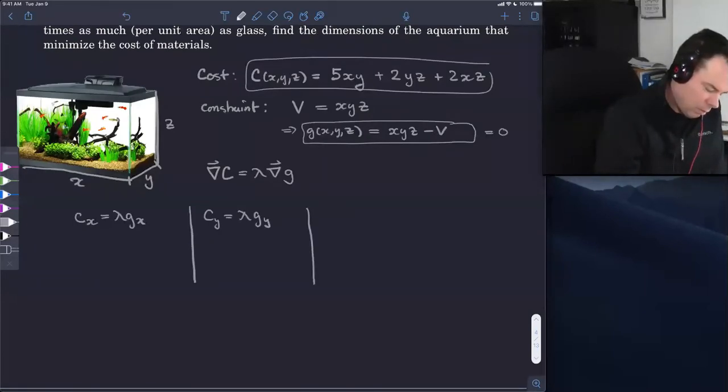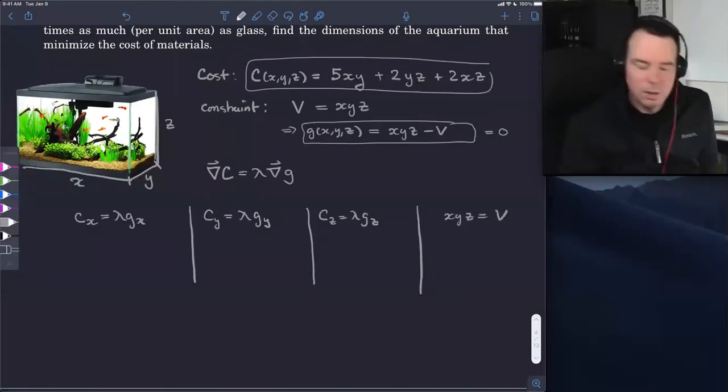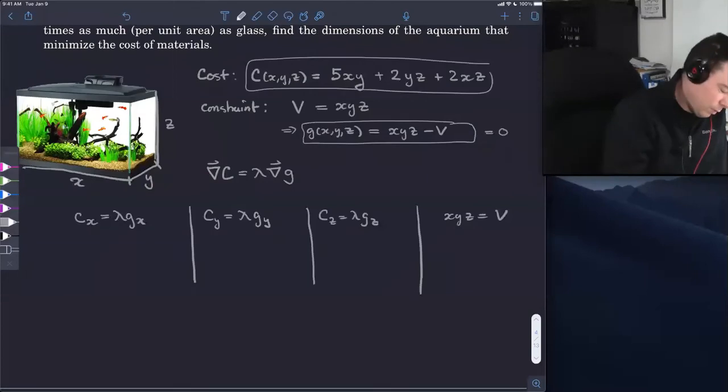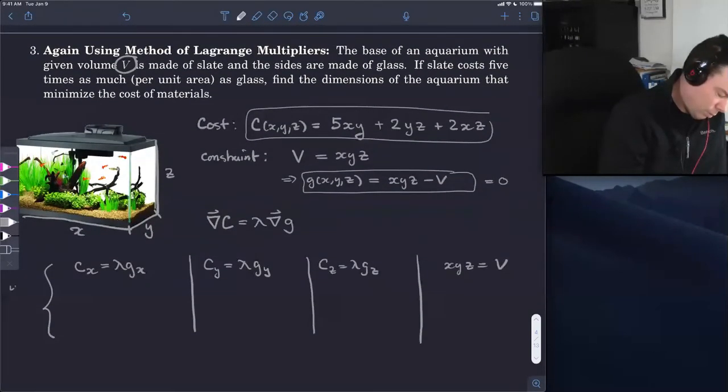And we get another equation, c_z is equal to lambda g_z. And we have our constraint equation, xyz is equal to V. So we are trying to solve all 4 of these equations in 4 unknowns.